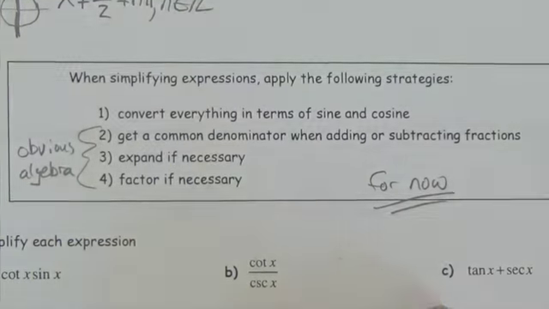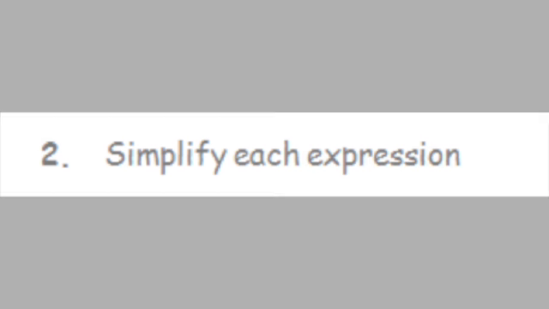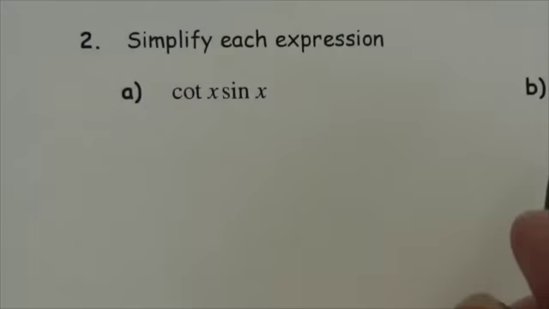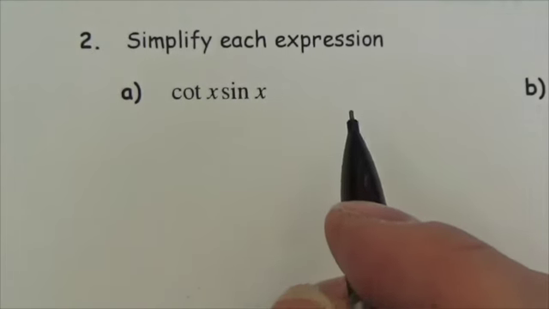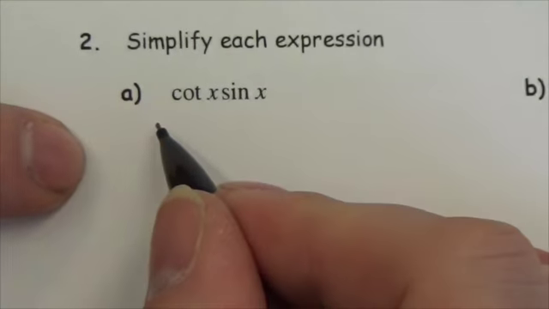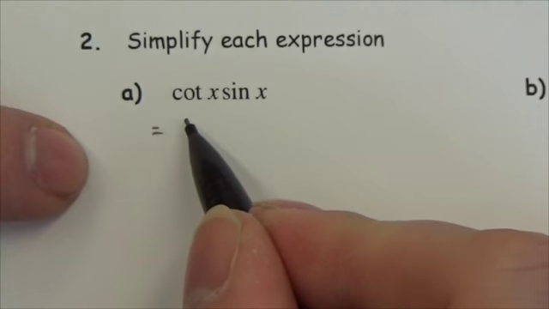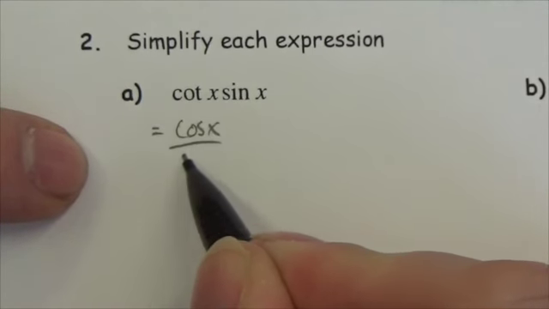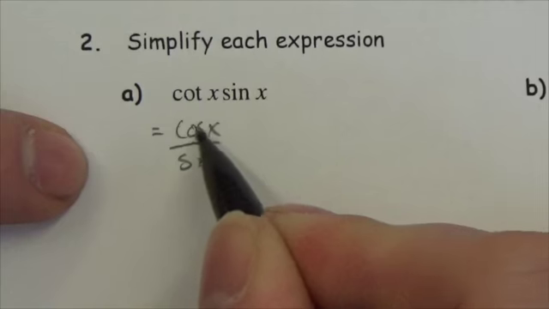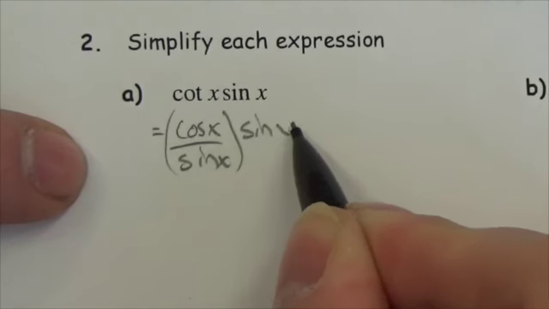Now let's take a look at a few examples. Simplify each expression. Cotangent of x multiplied by the sine of x. To simplify this, we're first going to write it in terms of sine and cosine. Notice cotangent is equivalent to cosine of x divided by the sine of x, and this is now multiplied by the sine of x.